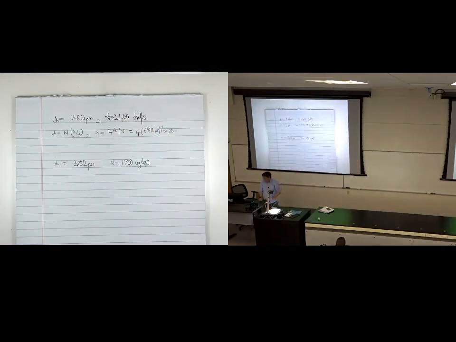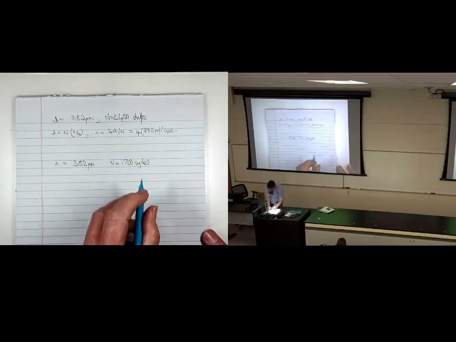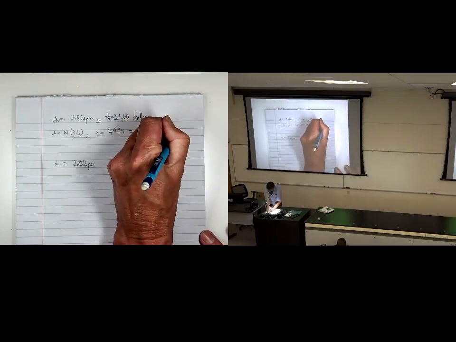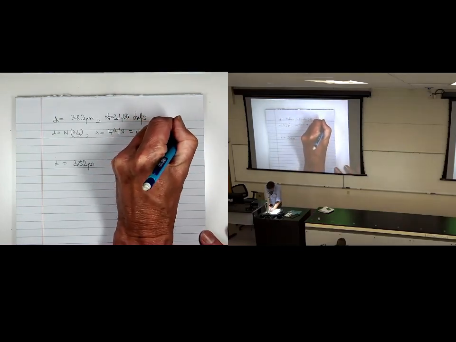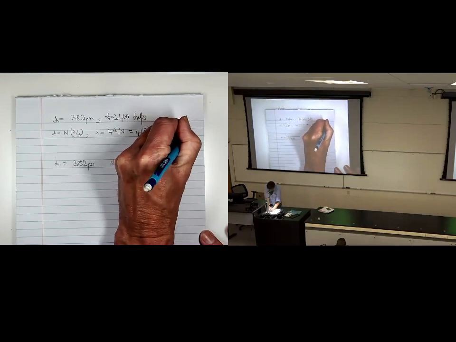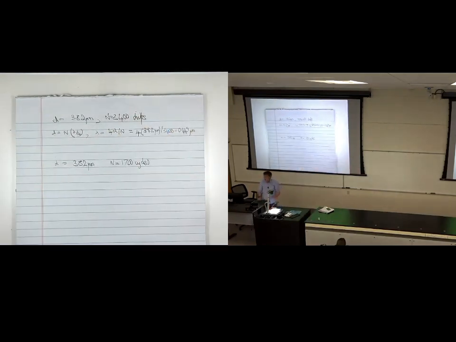And if I calculate that, I got 0.449 micrometers. That's 449 nanometers. And so that's the wavelength of the light. 449 nanometers is a short but visible wavelength of light, it is blue wavelength light.